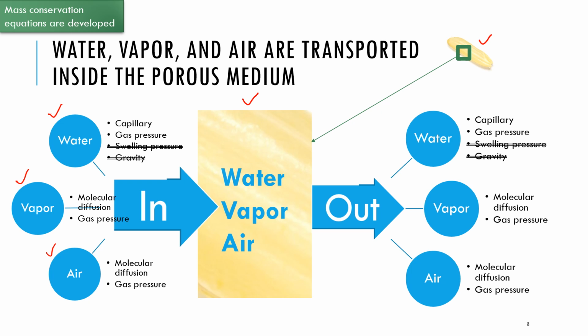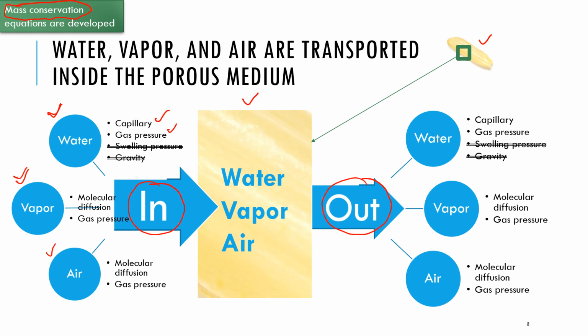For example, water would move by capillarity and gas pressure, in this case for rice. And for each phase then we do a mass balance. So we say what's coming in minus what's going out plus what's generated equals the change in storage. This leads to the mass conservation equation for each phase.